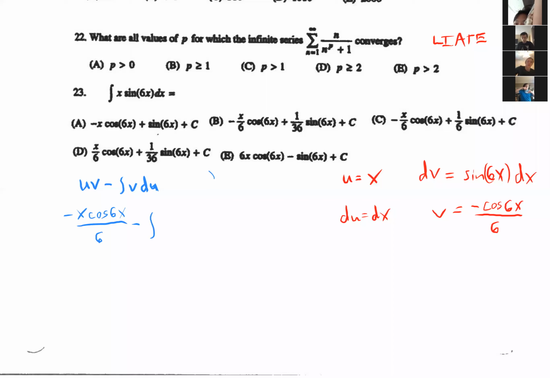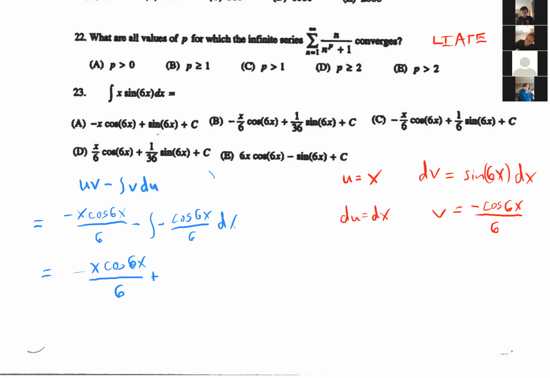So that's going to be negative cosine 6x over 6 times du, which is just dx. So this is going to equal negative x cosine of 6x over 6, minus the negative becomes a plus. I can pull out the 1/6.